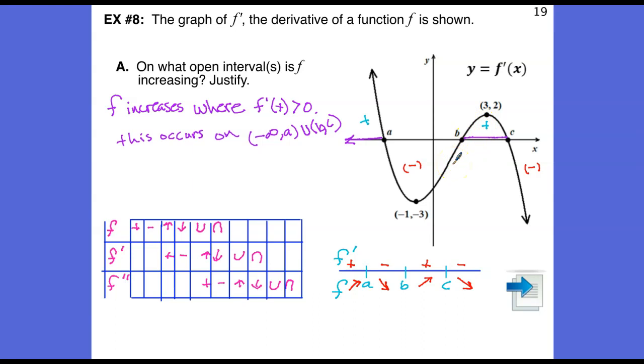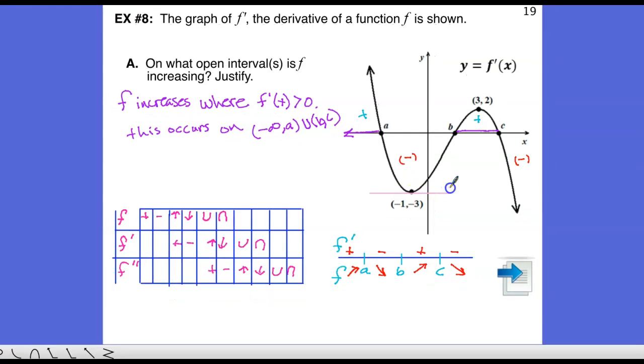In particular, I'm looking for places where the slope is undefined or equal to 0. There are no places where this is undefined because this is a continuous function that is everywhere differentiable. But at the point (-1, -3), we have a horizontal tangent line, or a slope of 0. And likewise, at the point (3, 2), we have a horizontal line.